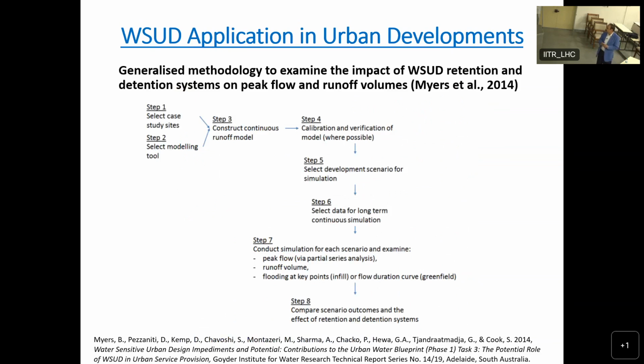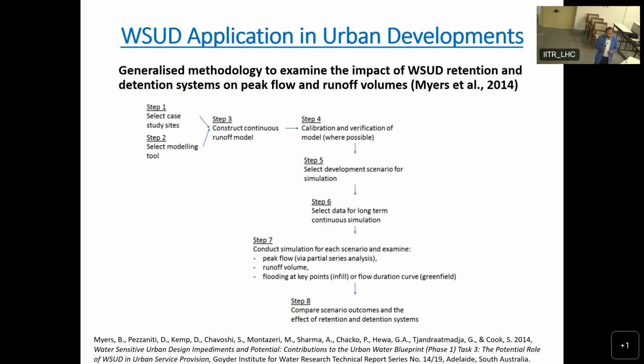Okay. So this is a publication from the Goyder Institute for Water Research. There is a complete report available, and you can see the complete reference over here. You can download the whole report from that reference.